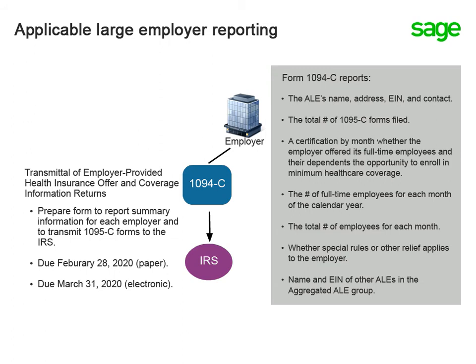The employer's name, address, employer identification number, and contact person, the total number of Forms 1095-C filed, a certification by month as to whether the employer offered to its full-time employees and their dependents the opportunity to enroll in minimum essential health coverage, the number of full-time employees for each month of the calendar year, the total number of employees for each month, whether special rules or other relief applies to the employer, and the names and employer identification numbers of other employers that are in a controlled group or affiliated service group with the employer.